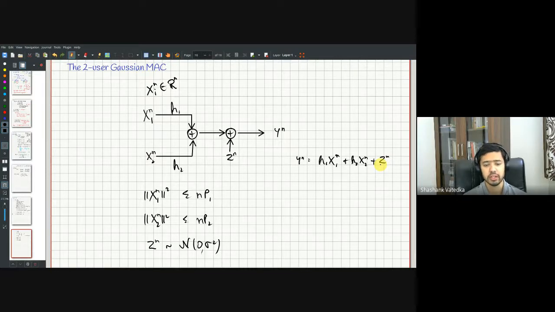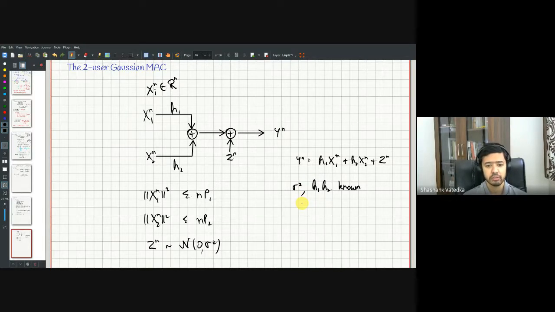So we assume that even before the actual transmission happens, you have already estimated these channel coefficients. So the channel coefficients h1 and h2 are known, and Z^n is assumed to have IID components, Gaussian with mean 0 and variance sigma squared, and we assume that sigma squared is of course known. So this completely specifies the channel.